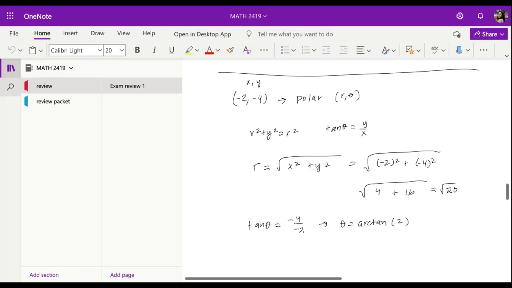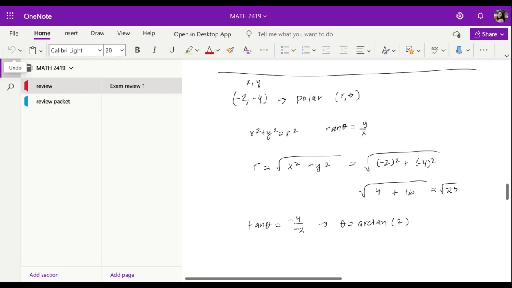Yeah, kind of. If you look at our original point, it's negative 2, negative 4, right? What quadrant is that in? Negative 2, negative 4 is actually in quadrant 3. The theta value we found, though, is not yet in quadrant 3, so we need to shift it.